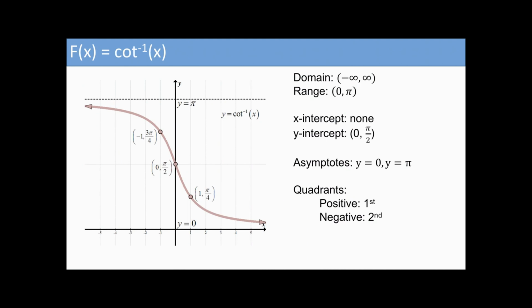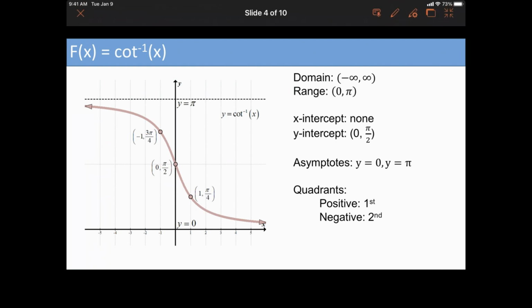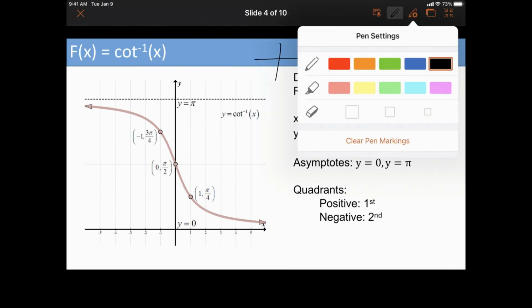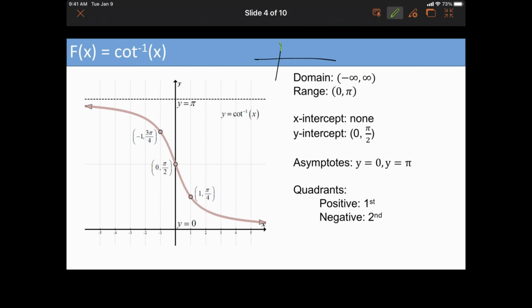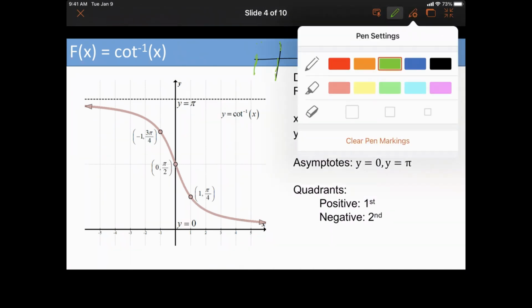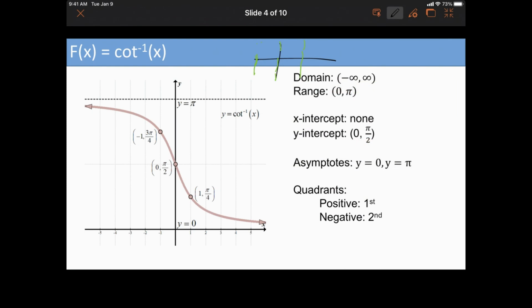All right, cotangent. This one is different than tangent in some ways, because cotangent and tangent are different in where the asymptotes are. Cotangent did not straddle the y-axis, right? And it goes this way.